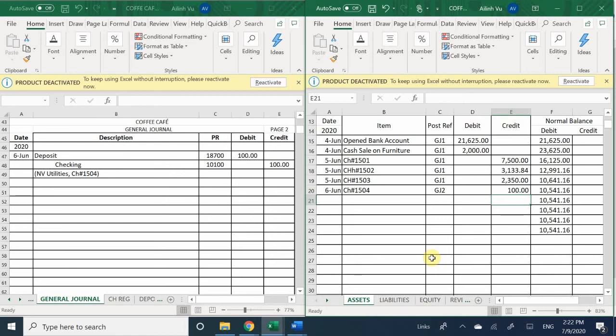Okay, checking. Check number 1504. Number 15. 100. Okay, that's cool.